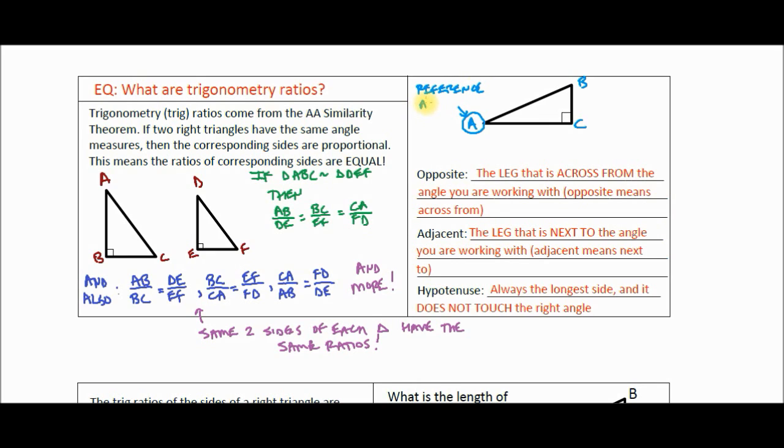It's the angle that we're working with. It's typically the angle that we know the measure of.